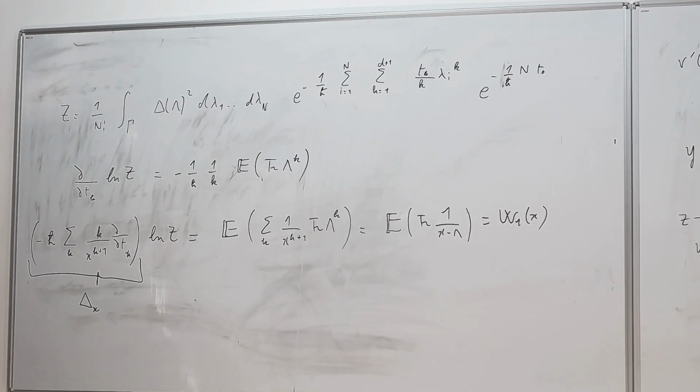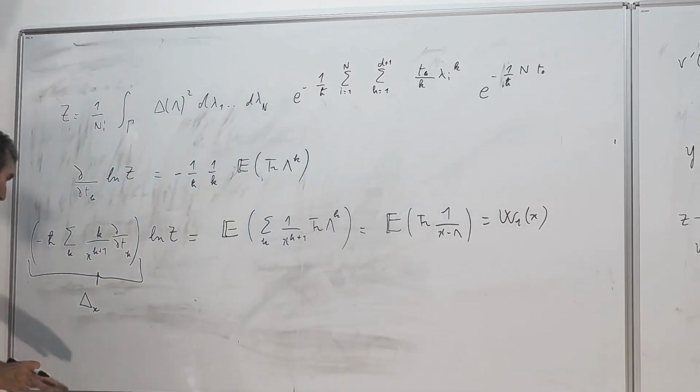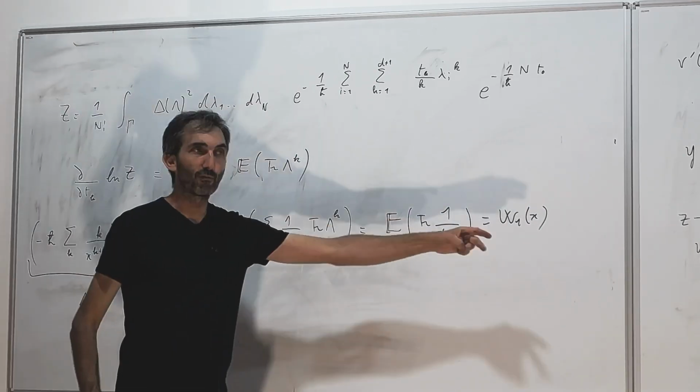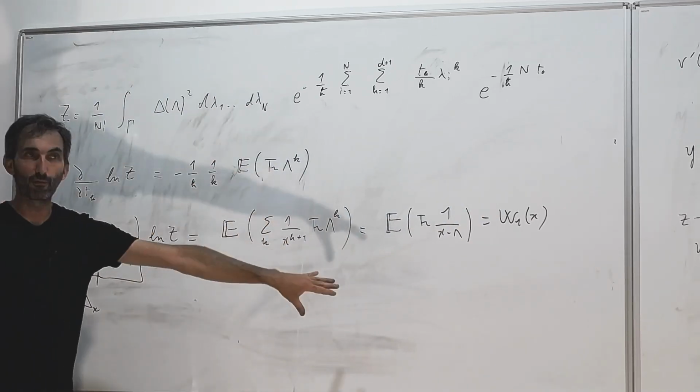Later I will want to multiply it by dx to make it a differential form, but for the moment, let me consider this operator. When I act with this operator on log Z, I create one resolvent. If I act another time on log Z, I will put another trace of resolvent inside.